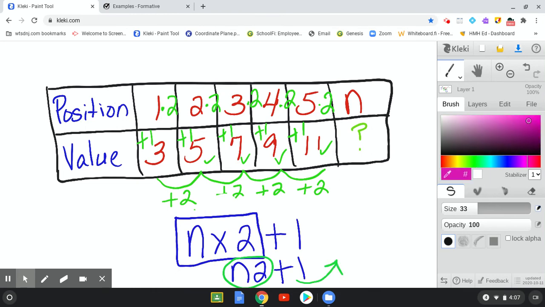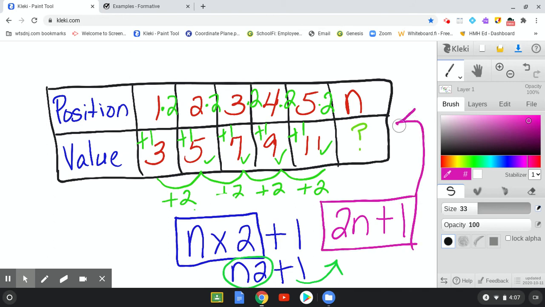And we are going to write this as 2n plus 1. And this is the algebraic expression that represents this table. So in this box here, I would be putting 2n plus 1.